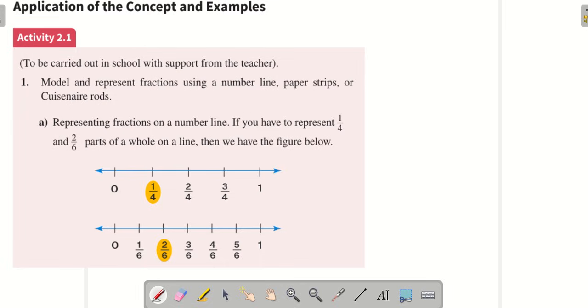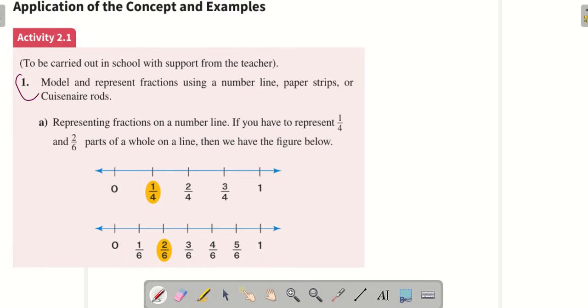Now let's look at some application of the concept of fractions and examples. Now I will entreat you to go through this activity 2.1. We were supposed to carry out this in schools, but since you are in your various homes, I will entreat you to carry out this activity.